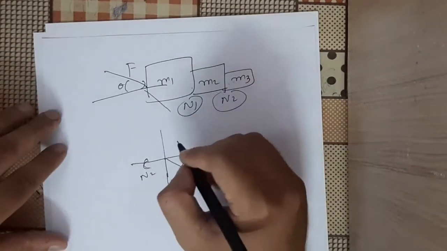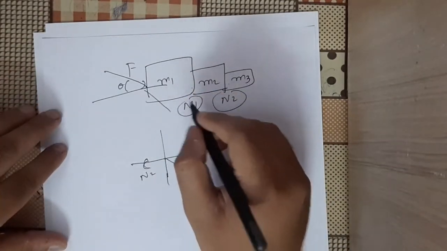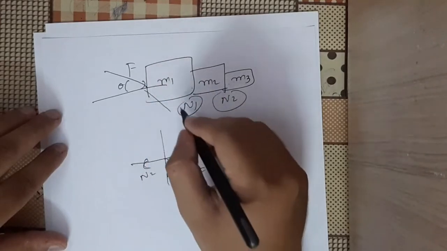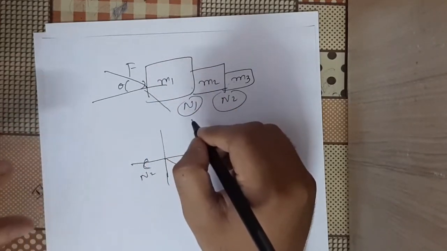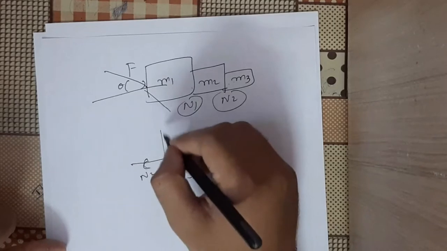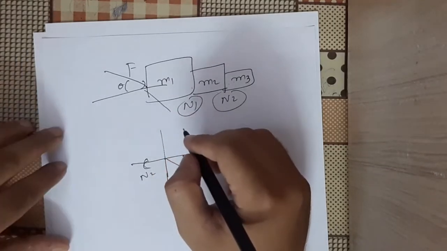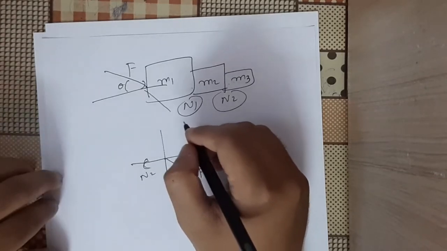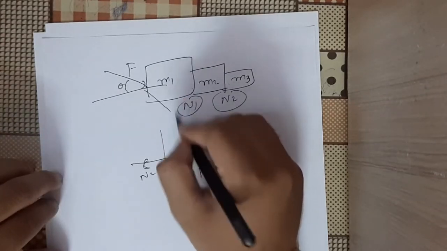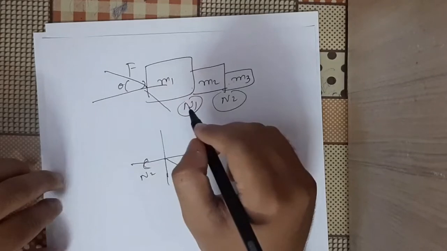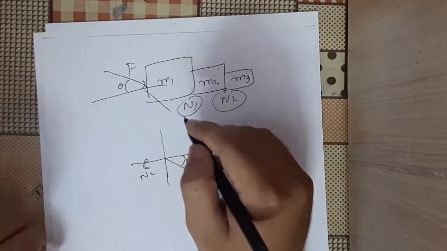We are not taking that because that will be anyways vertical. We'll be applying force balance in the horizontal direction, and the vertical forces will have no component in the horizontal direction. So even if I don't draw the vertical forces, that won't be an issue. I hope you're getting this point. What I'm saying is that there will be no component of the vertical force in the horizontal direction, so even if you're not taking those forces, that won't make any difference.